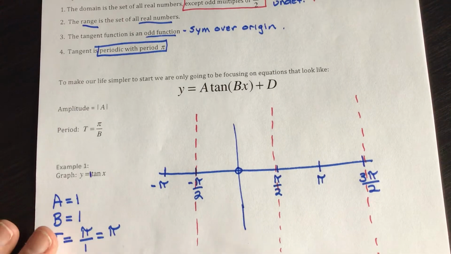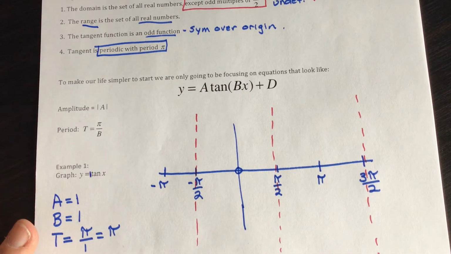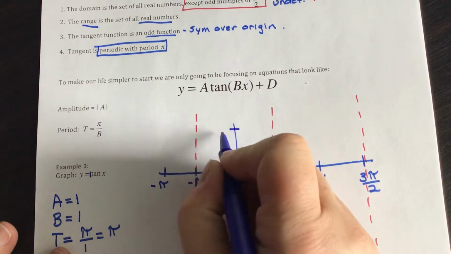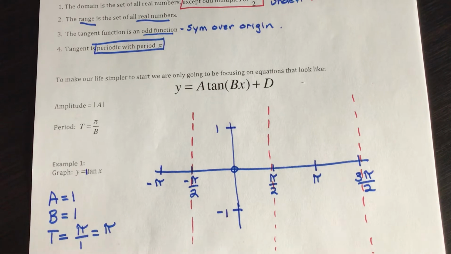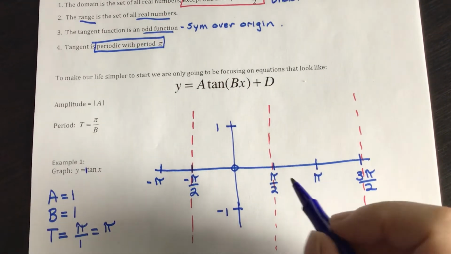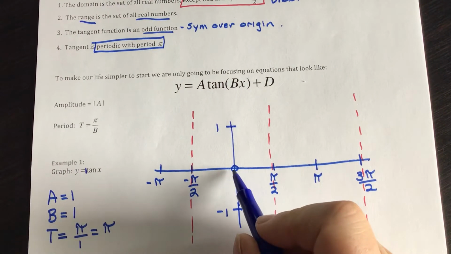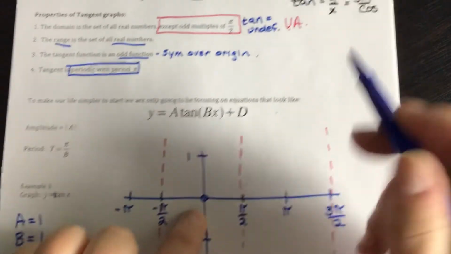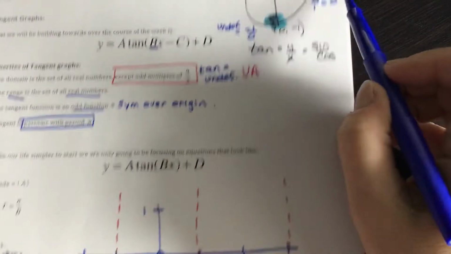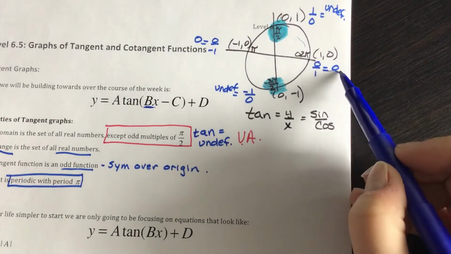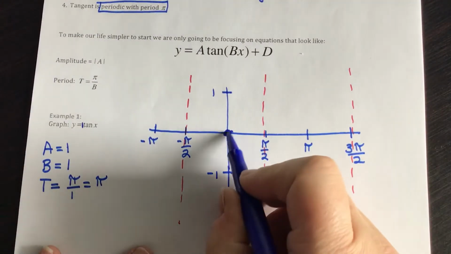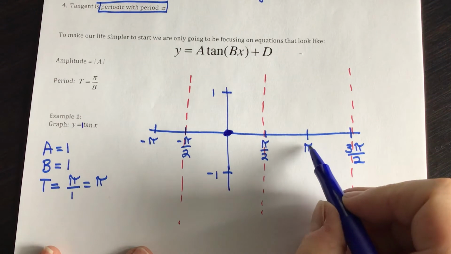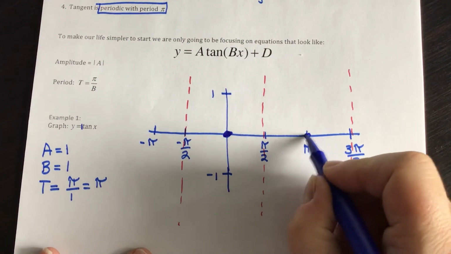Let's do my amplitude here is 1, here's negative 1. We know at 0, and back up here at my unit circle, tangent is 0, so I can color that in. At pi, tangent is 0.